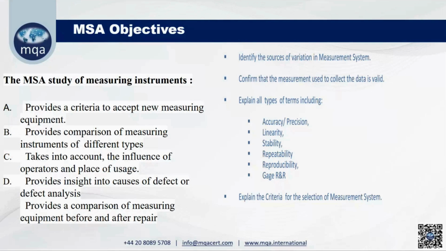Total variation is different from part to part and appraiser variation. Then we can come to know if there is some special cause in the measurement, which we will see later. Now, the terms: accuracy, precision, linearity, stability, repeatability, reproducibility, and gauge R&R. We will see everything in the further slides.